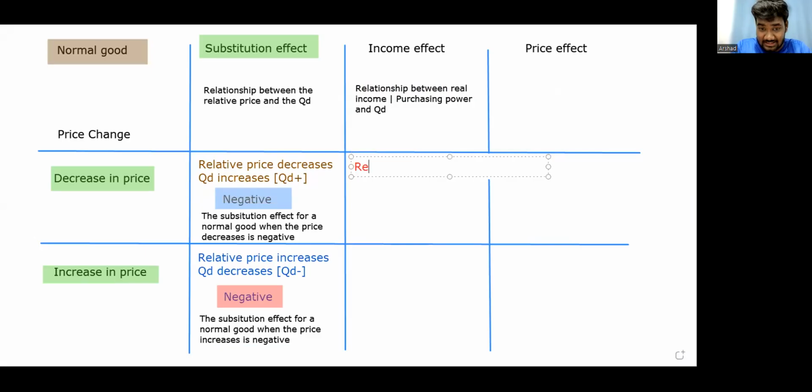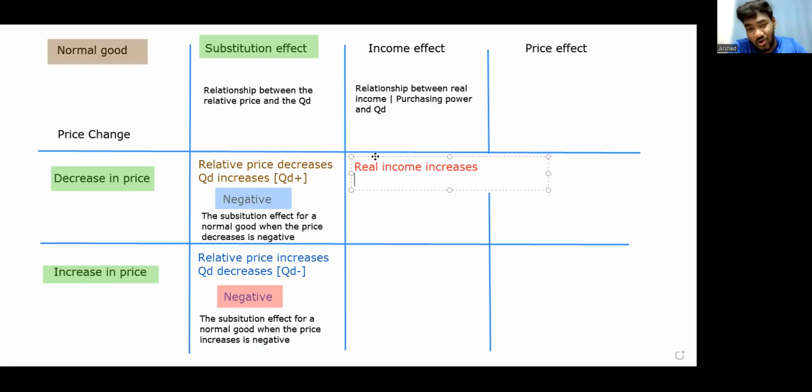Does it increase or decrease? Prices have gone down. What happens to your purchasing power now? Is it higher or low? Your purchasing power increases. So for a normal good, your real income has gone up.